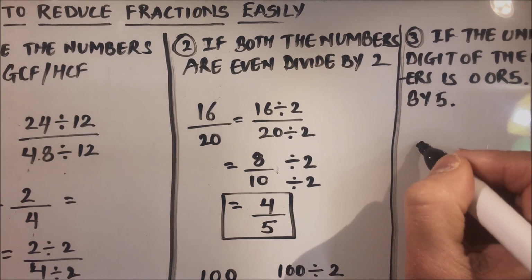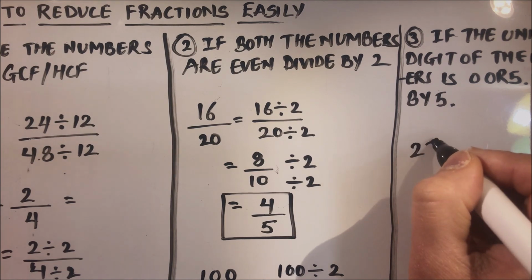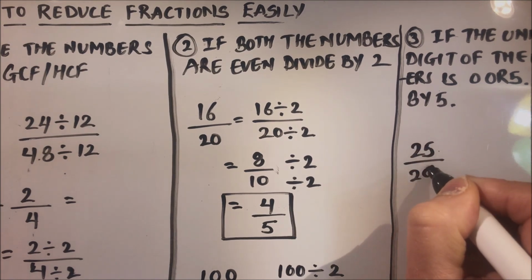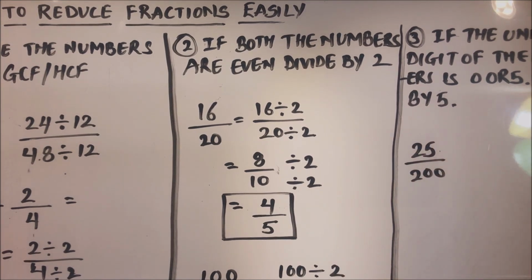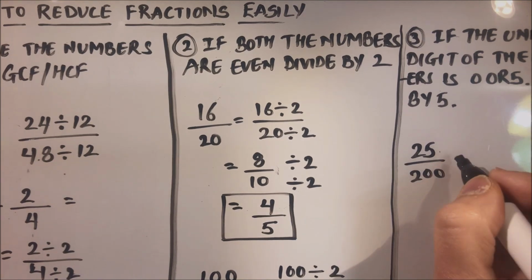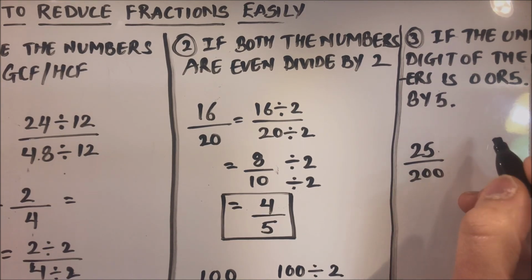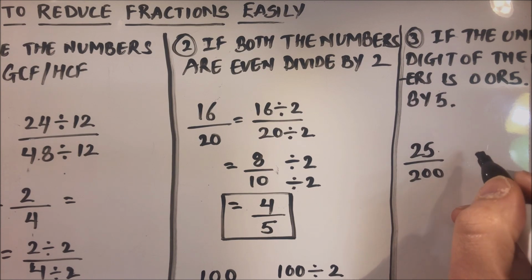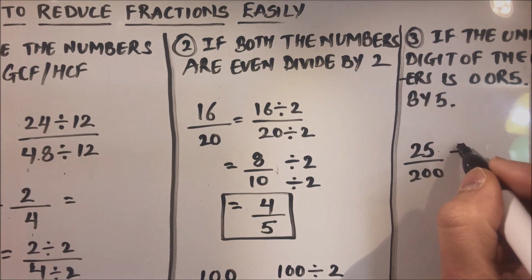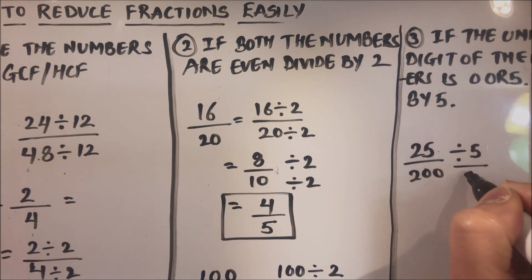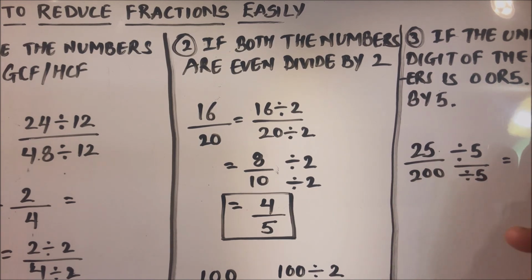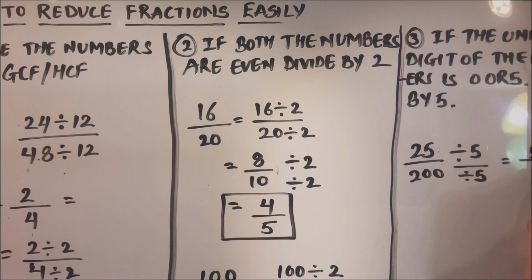So if the two numbers, numerator and denominator, are 25 and 200, you can easily divide the two numbers by 5. Use 5 as the divisor for the two numbers. So here we are going to divide by 5 and divide this by 5. So this will give us 5 over 40.